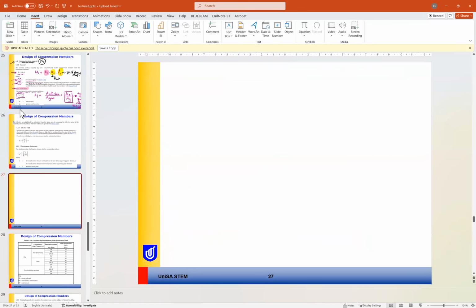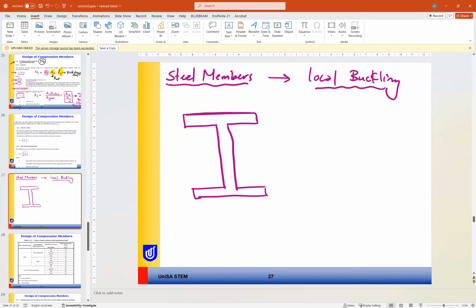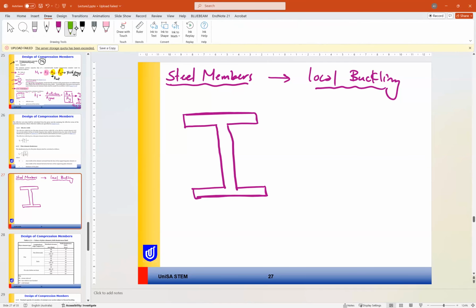The idea is for steel members, due to buckling or local buckling, if we have a member like this, this member, for example, can be subjected to local buckling based on the dimension of the member.